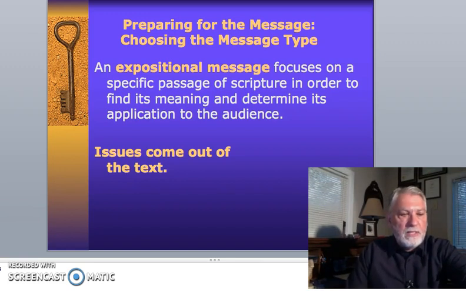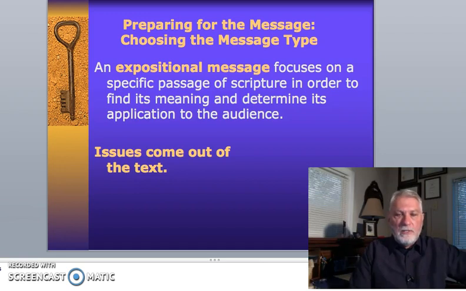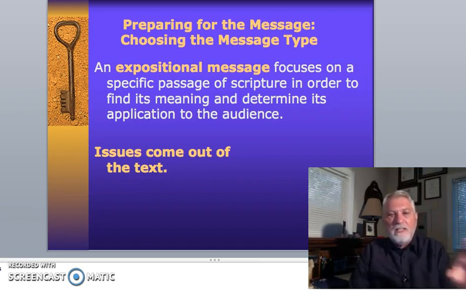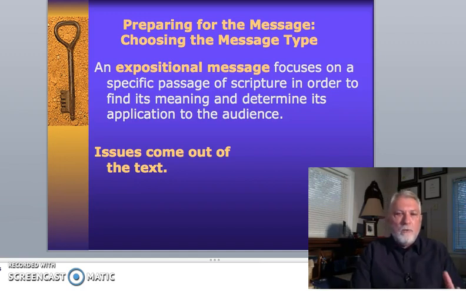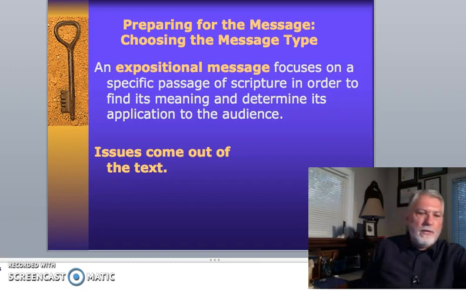For example, in a series covering the book of Psalms, let's say you're going to do an expositional series in Psalms, which means that you're going to take psalm by psalm, or at least selected psalms out of the 150 psalms that there are, and you're going to be doing an expositional message, exposing what's in each of the psalms. And let's say you get to Psalm 23.